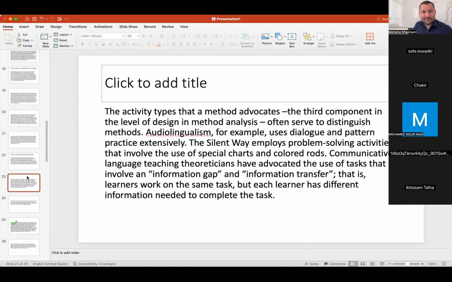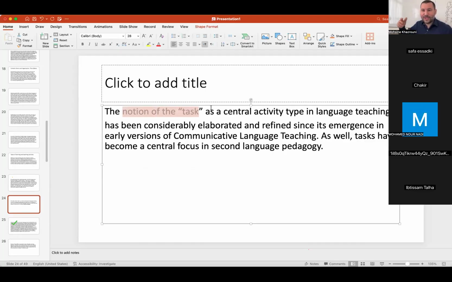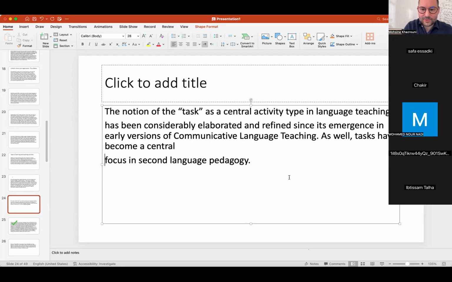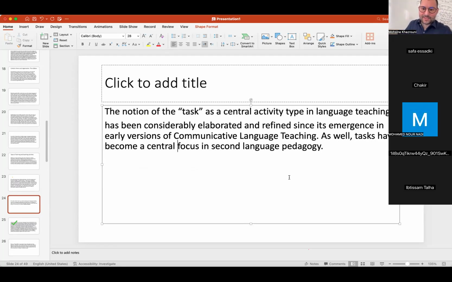What can you say about the notion of task? Because you will hear the word task a lot in today's teaching methods. In other words, I would like you to say a few words about these two methods, communicative language teaching and task-based.